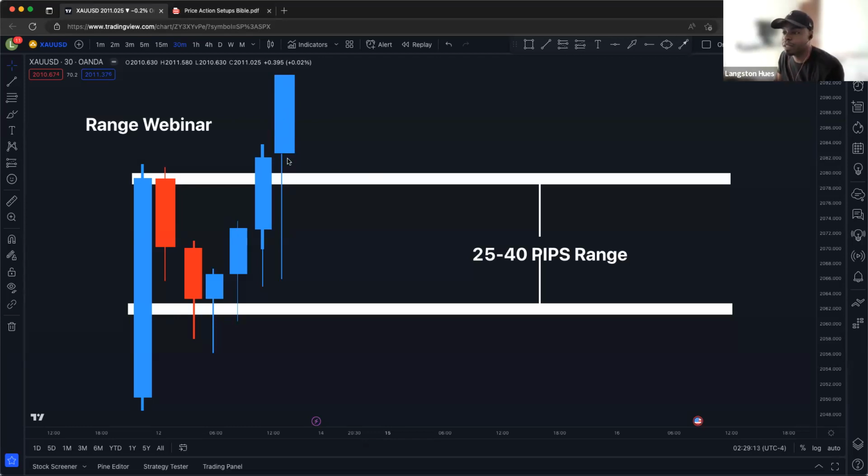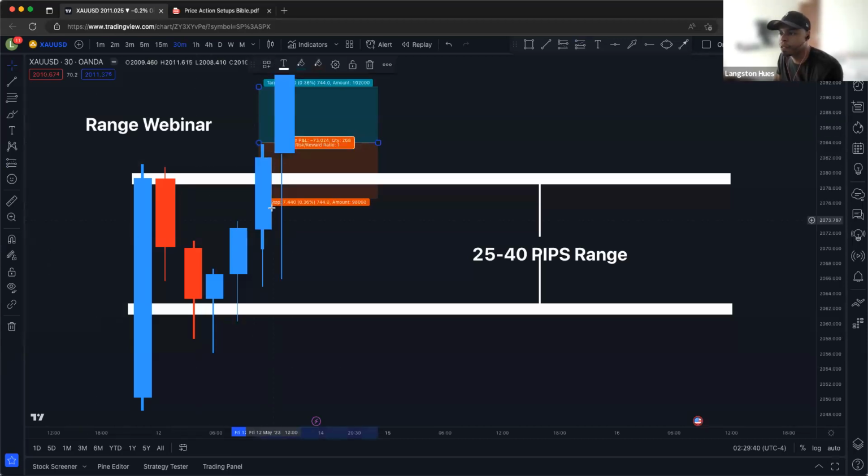If it goes and forms a steep wick like this, and it's respecting the low of the previous candle, oh, for sure. As soon as it comes back up, when it breaks the previous candle's high, we're in there. For real. And I'll show you with the position sizer what that looks like. Just something like that.